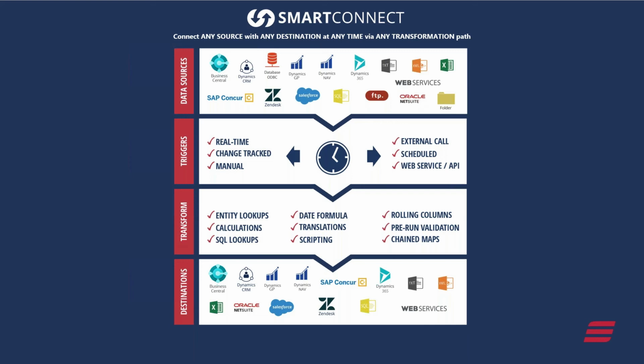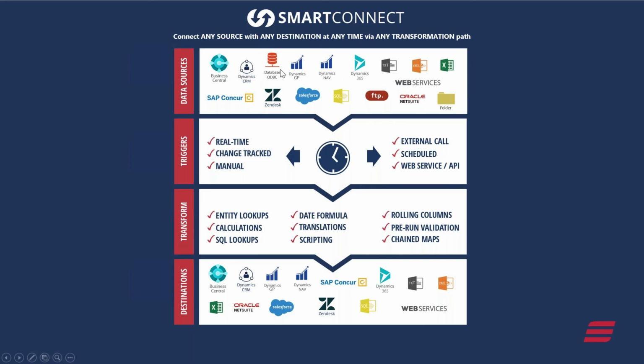You should see some really common names, names you're interested in, for example, GP, Nav, Business Central's over here, CRM, Salesforce, lots of out-of-the-box connectors that we can read from and write to and take advantage of the logic within those systems. But what I do like to point out to people is the reason we can say from anywhere to anywhere with SmartConnect is a combination of database ODBC and web services.